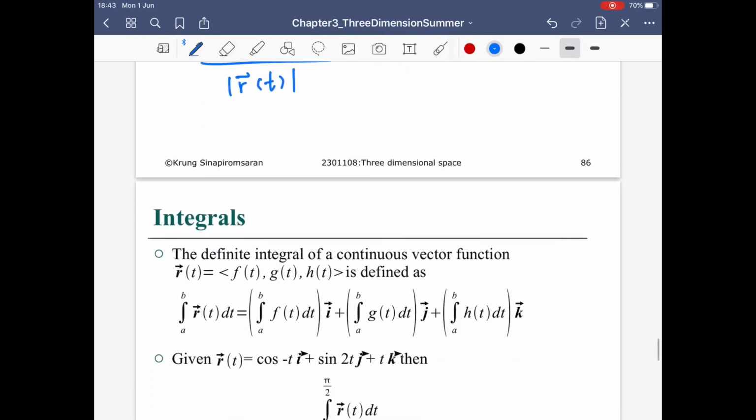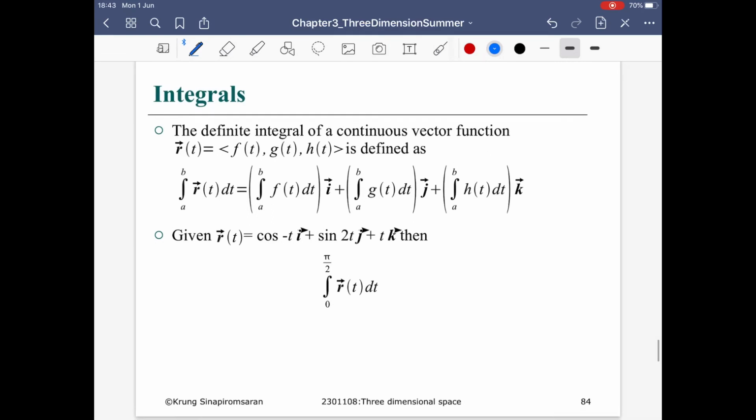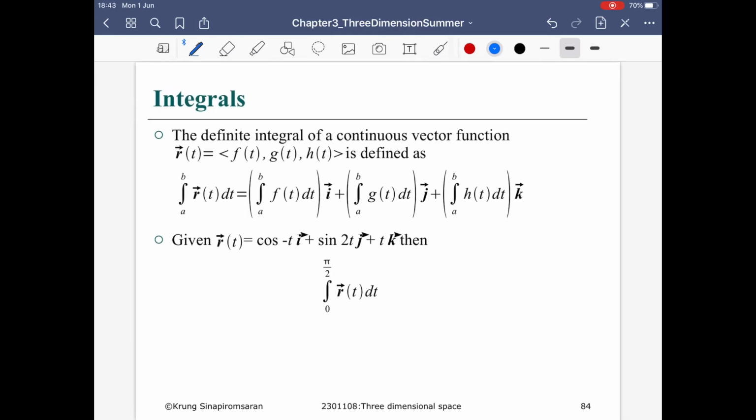So let's look at the next concept. The next concept is simply the integral, okay? And the integral, of course, is only the definite integral of the continuous vector function.